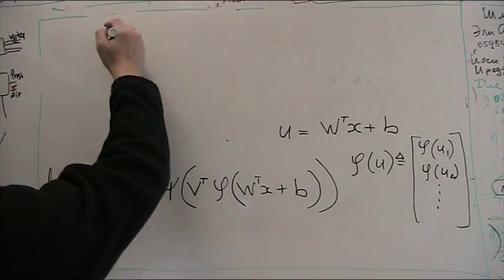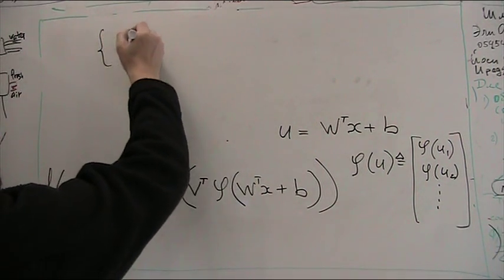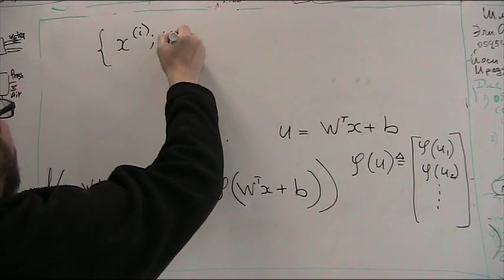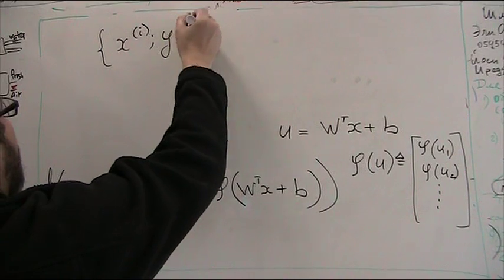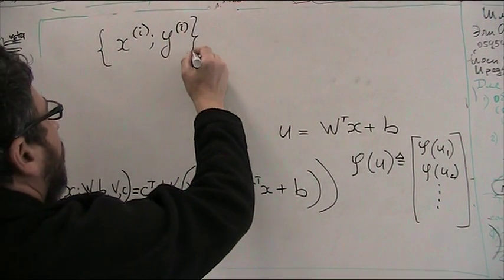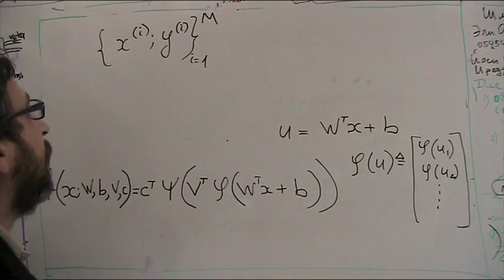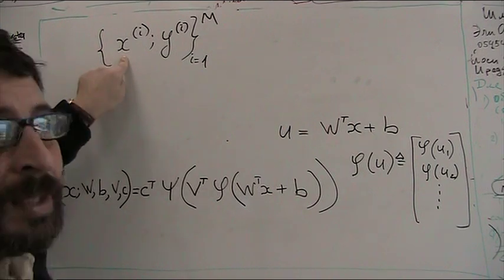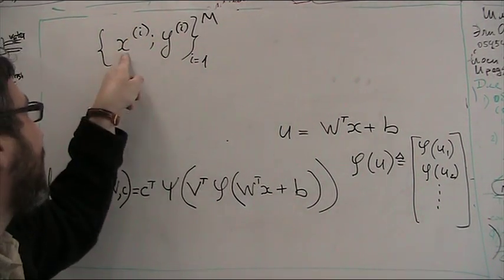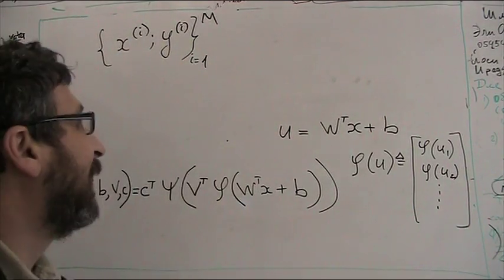Again, I have a set of data points, say xi, yi, where i goes from 1 to capital M. For every i, x is a vector and y is a scalar.